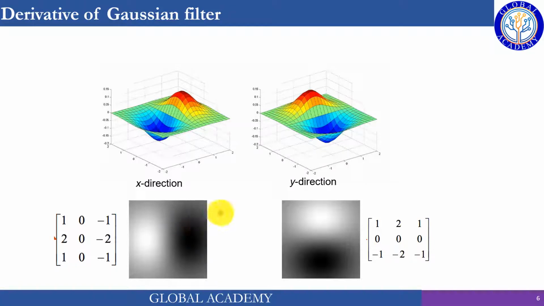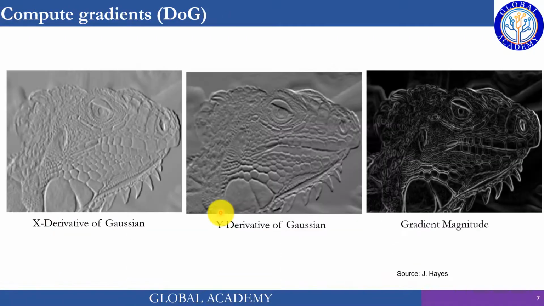So we can say derivative of Gaussian filter along the x-axis, along the y-axis, and that's the magnitude. We have already discussed this concept in our last lecture. We are just going to develop the same concept to discuss our next two algorithms for the Canny edge detector.